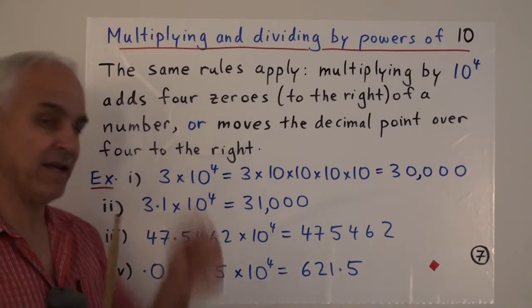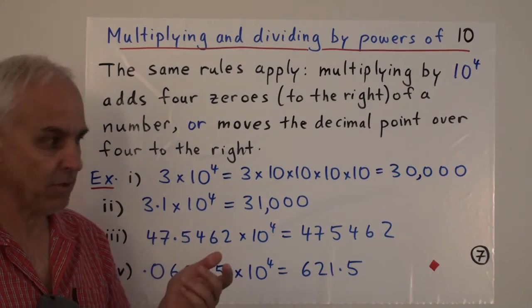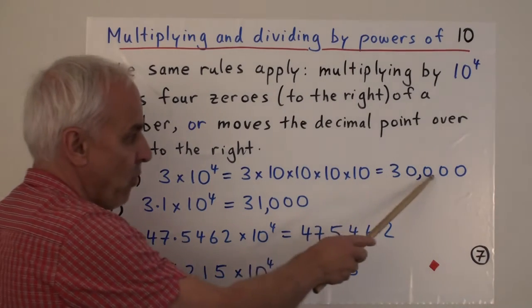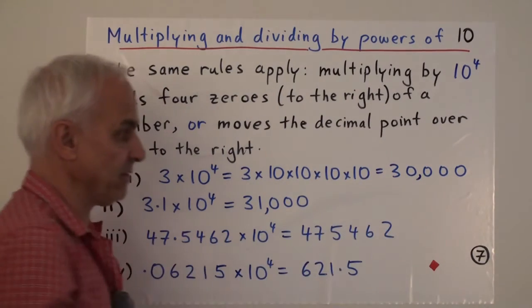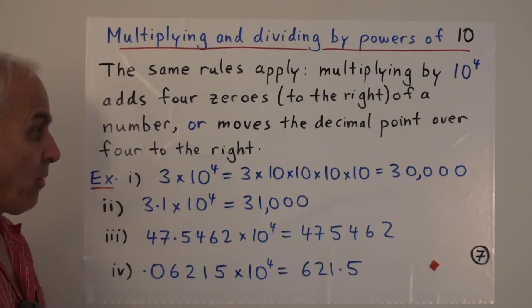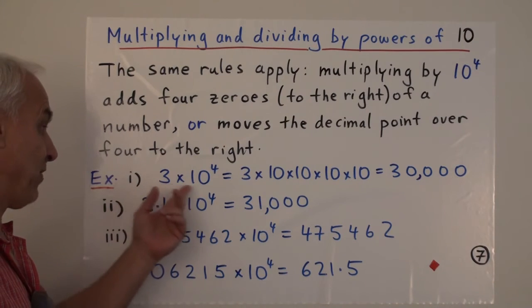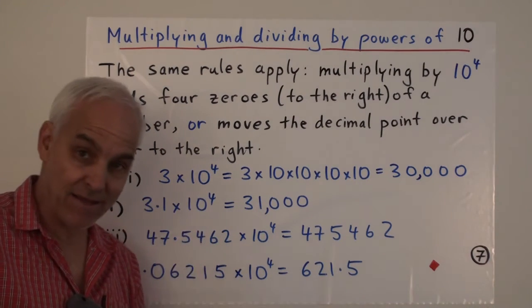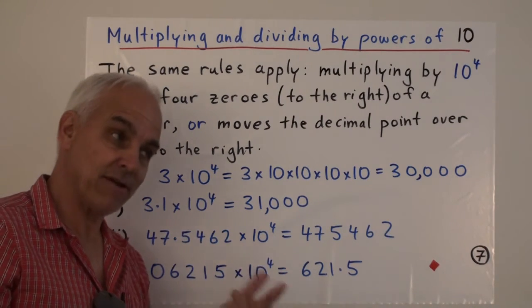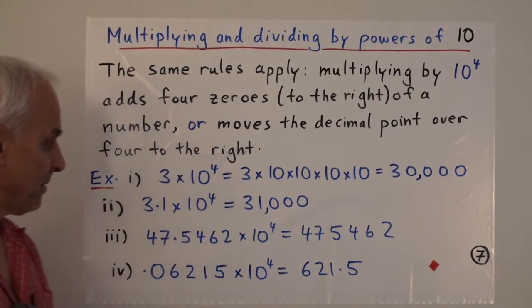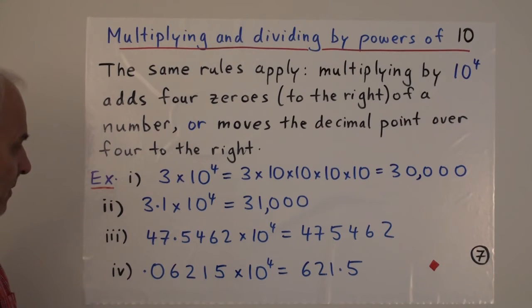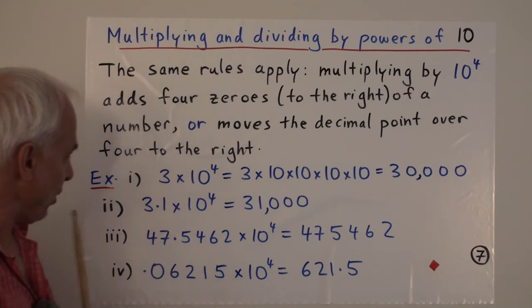Each time we're adding a 0. So we're adding 4 zeros to the 3 and getting 30,000. Which of course makes sense because we've said 10 to the 4th is 10,000. So 3 times 10,000, yes, that's 30,000. That makes sense. Something pretty close to that.